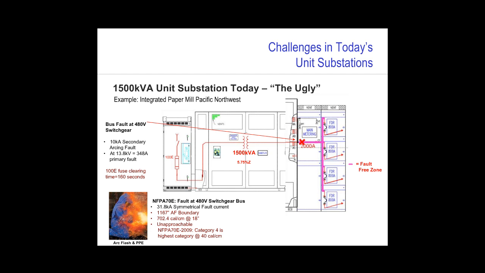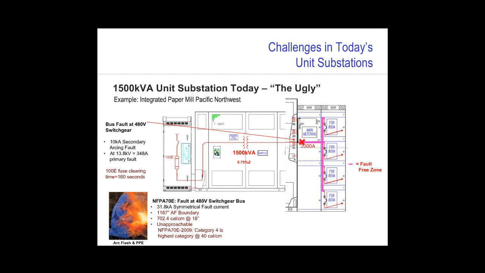This standard was recently updated in 2009, and there are some very clear requirements that focus on quantifying the risks for personnel working on this equipment live and putting up a label on the equipment telling operators what the hazard is in terms of the arc flash boundary, the calories per centimeter squared, and the required personal protective equipment, or PPE, so that someone working on or maintaining this equipment will clearly know the risks before they approach the equipment and perform work.